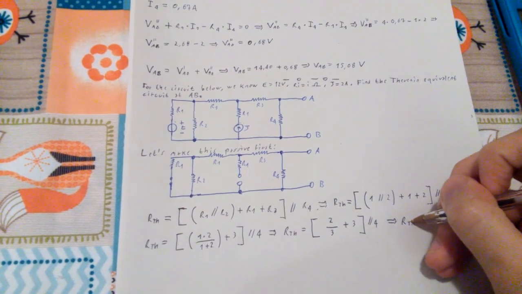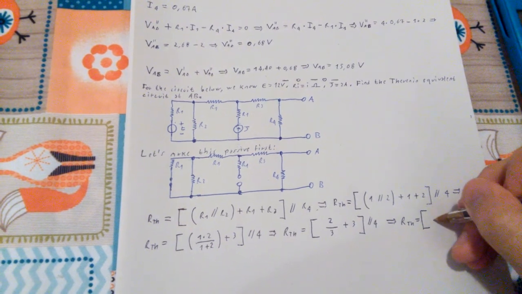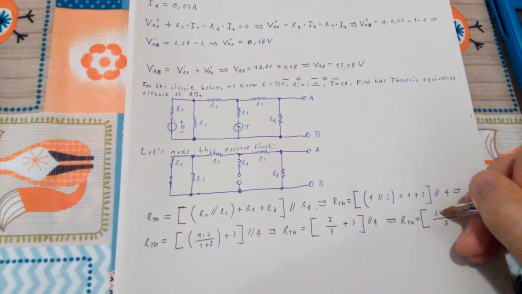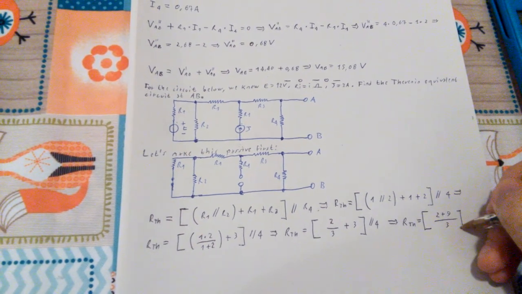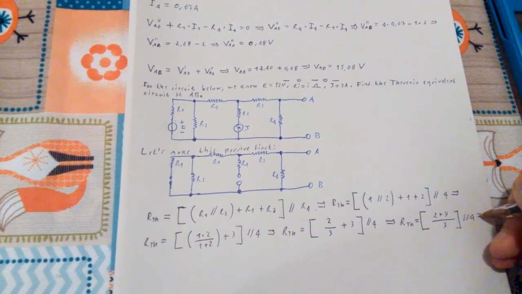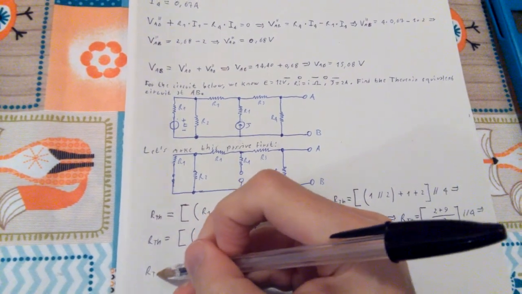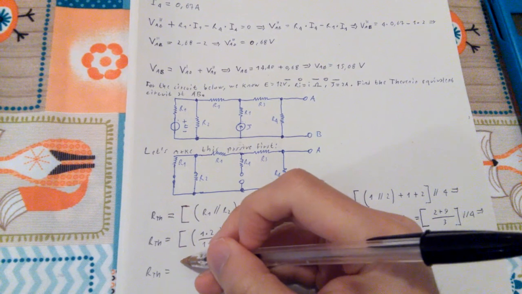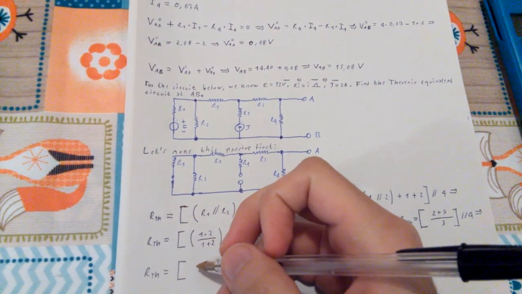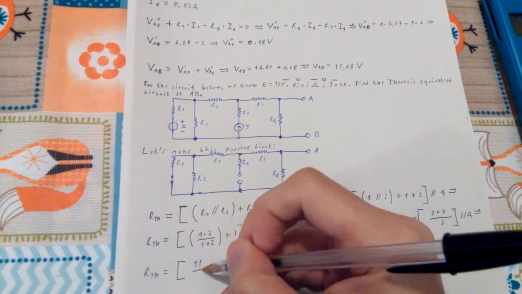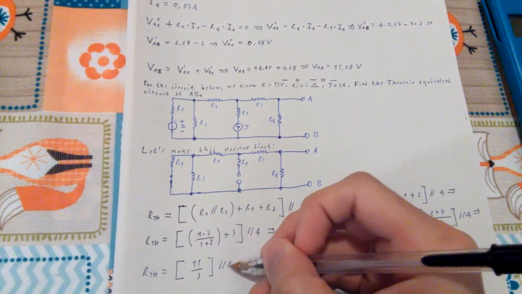So RTH is actually going to be given by, well, we have a 3, we have a 2, we have a 9, parallel with 4. And then we have our RTH, which is basically 11 over 3 in parallel with 4.